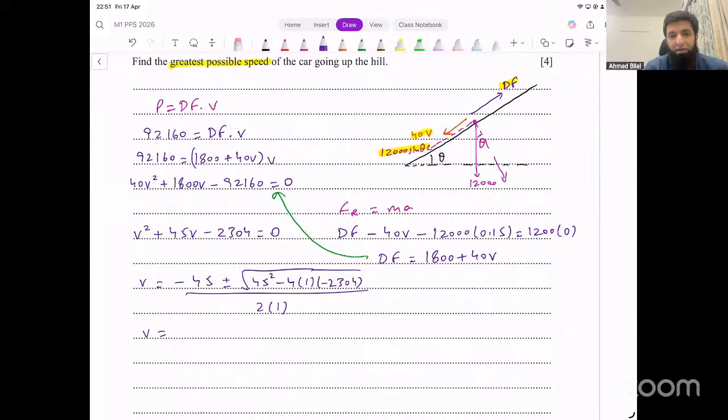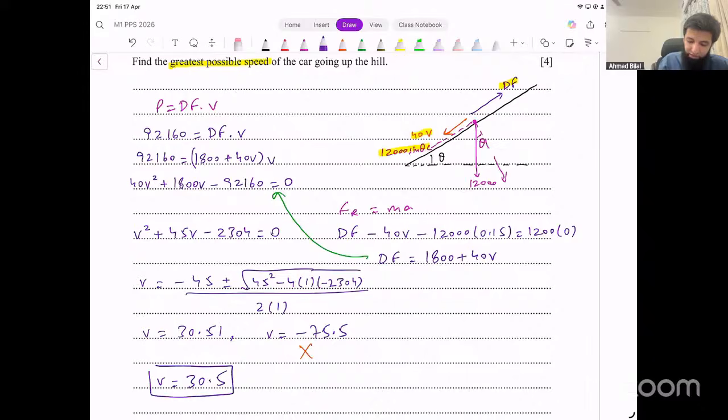What's the value of speed that you're getting? 30.51 and negative 75.5. Now, negative is of course not possible, so we ignore that. And the only possible answer is 30.5 to 3 significant figures. And that's our final answer.